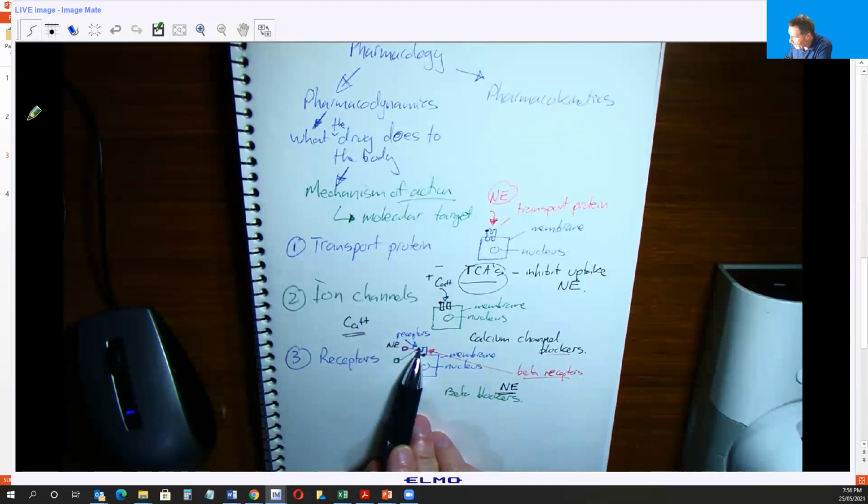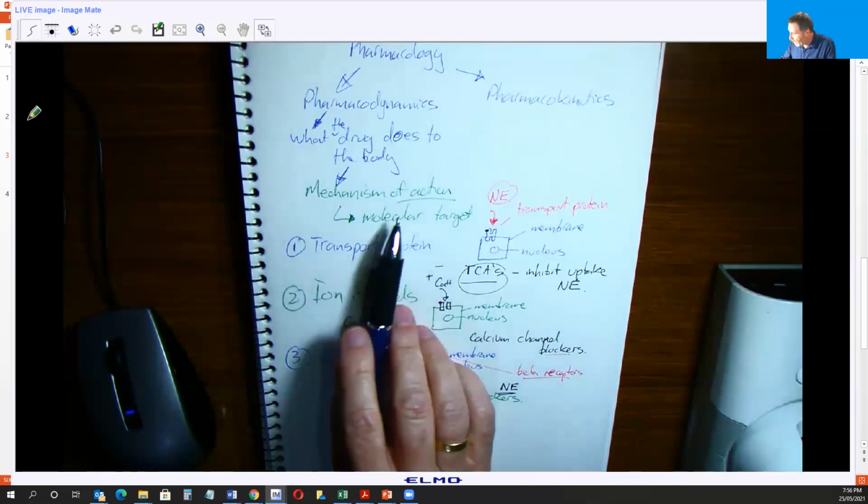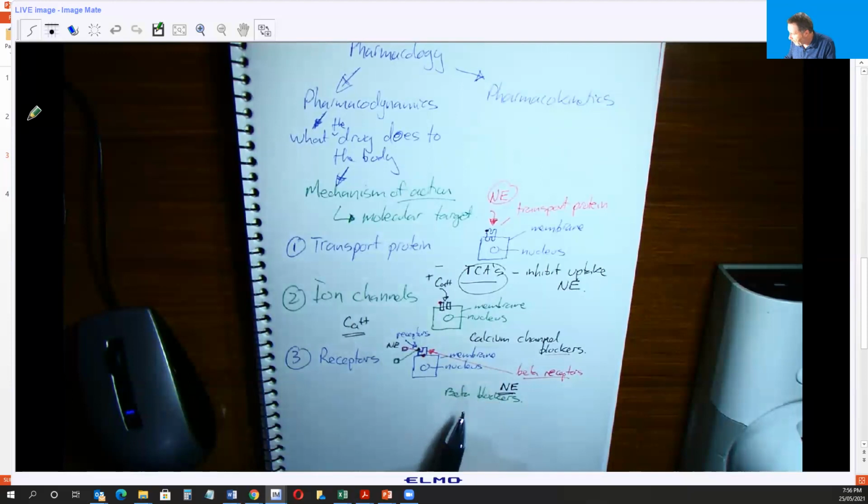The beta blocker drug prevents norepinephrine from binding to the beta receptor because the spot is taken up by a drug known as a beta blocker. So there you have another example of a mechanism of action of a particular drug.